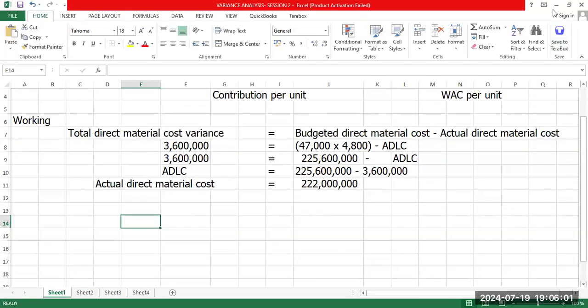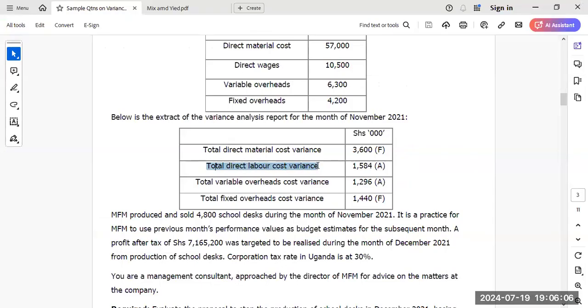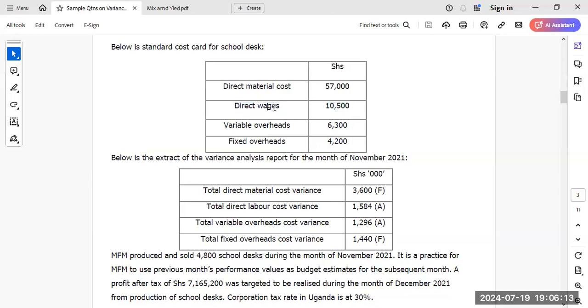I do the same for total direct labor cost variance, because I need actual information. Remember here above, you're given the budgeted amount of money they are planning to incur on every desk. Every desk, the direct wage cost will be this amount of money. So you can get the total budgeted direct wage, and it can help you to get the actual.